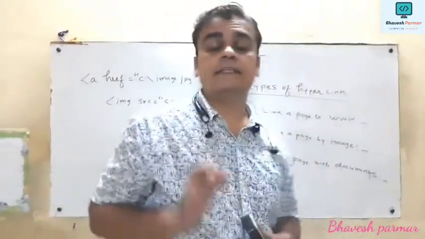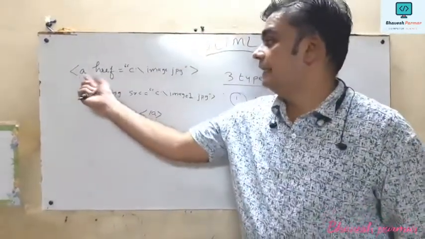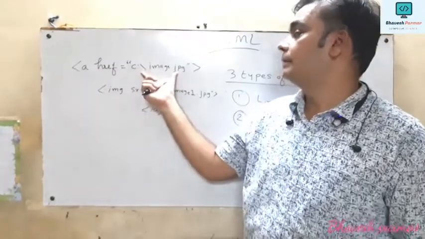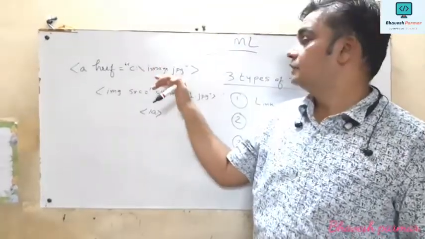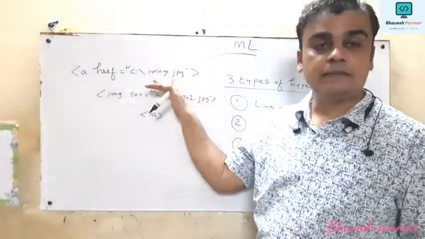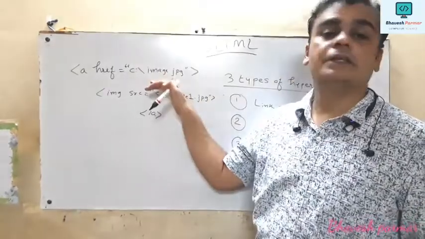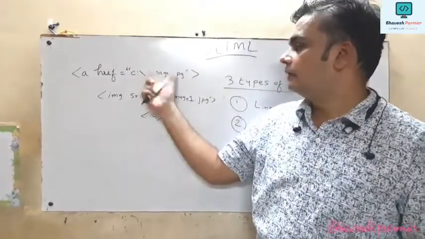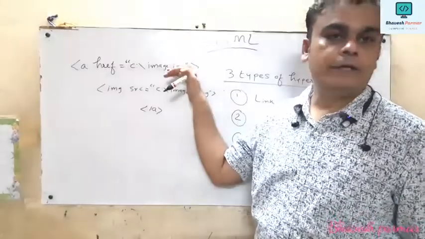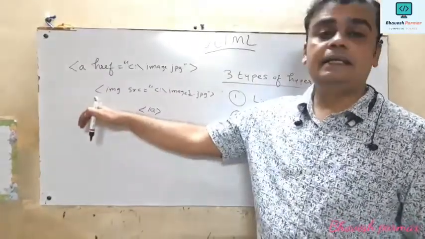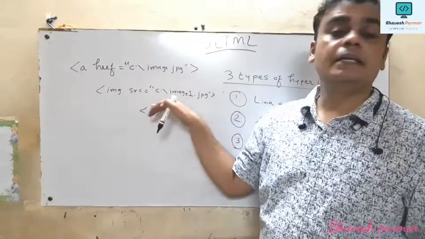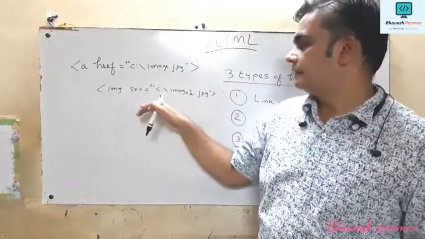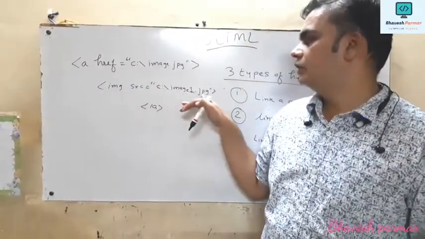So what happened guys in this case? I have used the a tag, hypertext reference, and this is my path. In this path, instead of giving a website or any other web document, I have used an image. This is the path that I mention in double inverted commas, and in the linking text I have mentioned one image, img src image1.jpg.